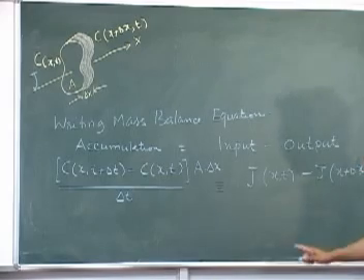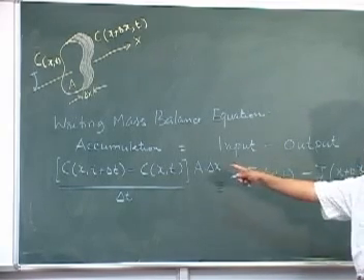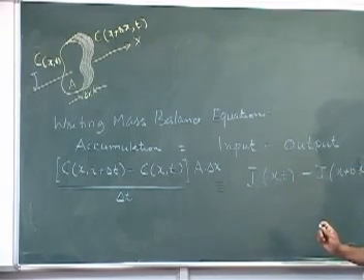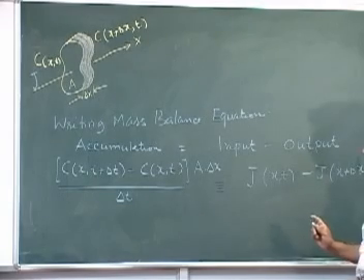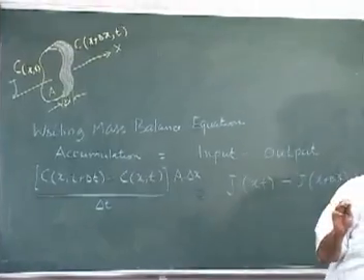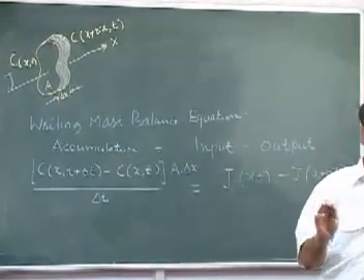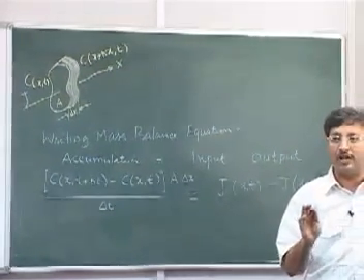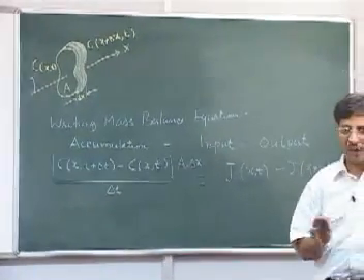What do I multiply here to get the same units as this one? Flux is mass per time per area, and what I want is mass per time, so I multiply by area.